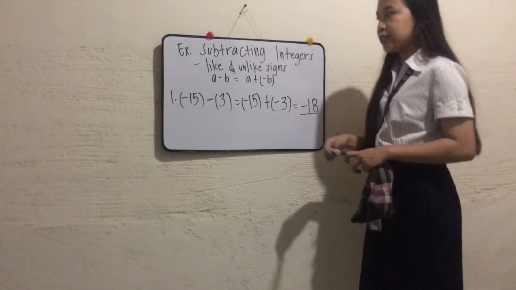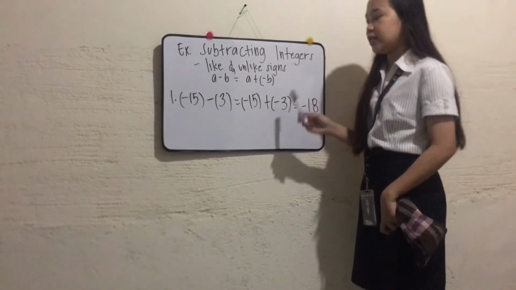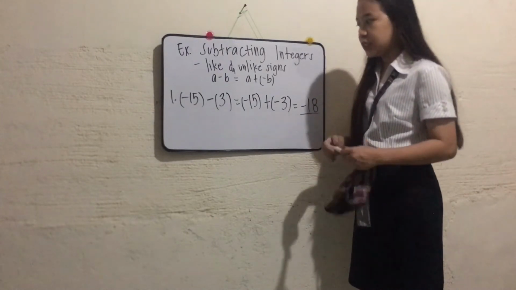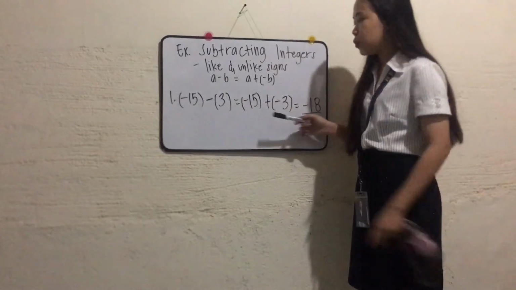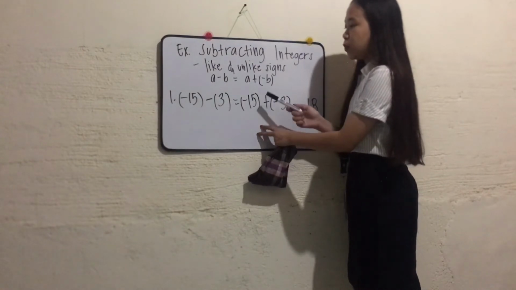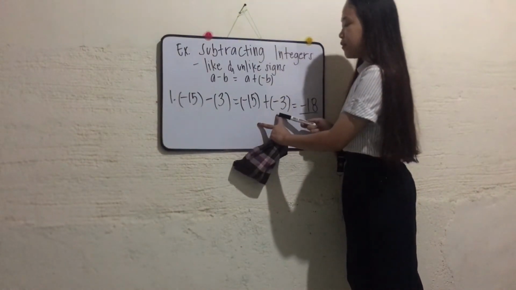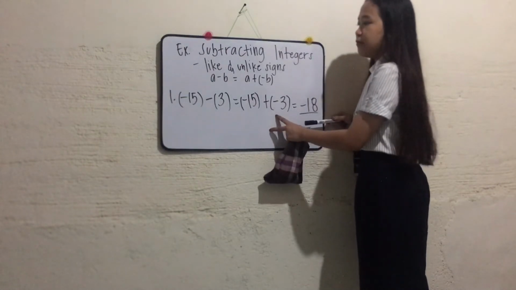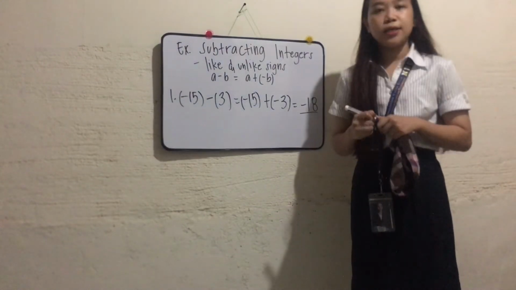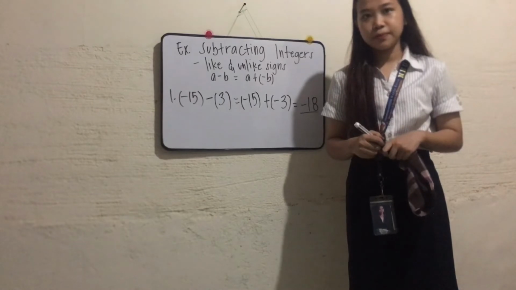So in here, we change subtraction to addition. And then we change positive 3 to negative 3. So we will have negative 15 plus negative 3, which is negative 18. Is that clear? Yes, ma'am.